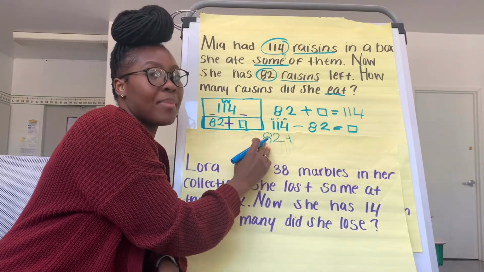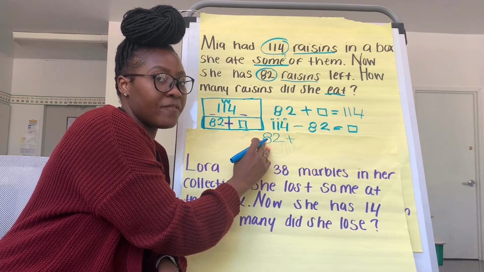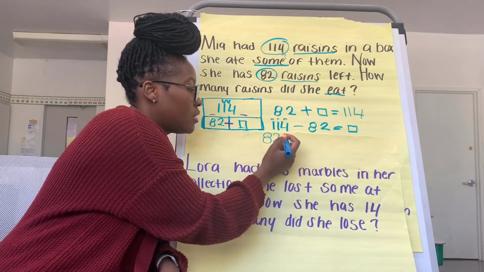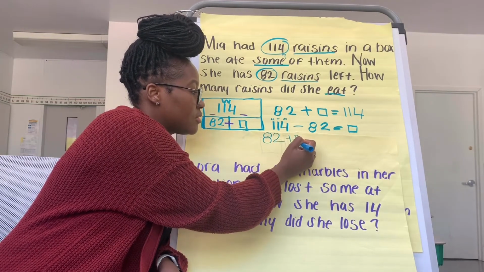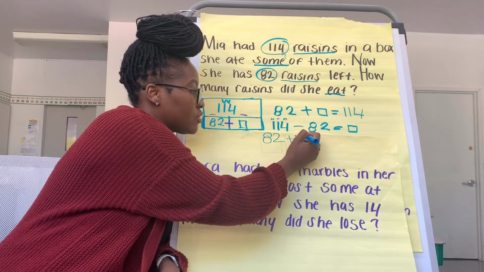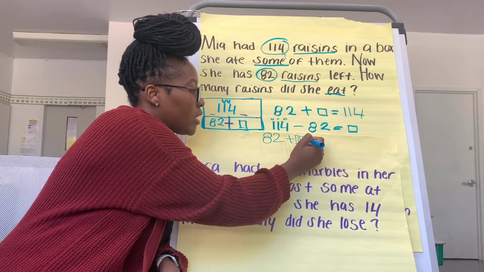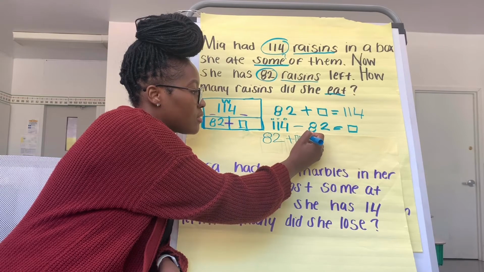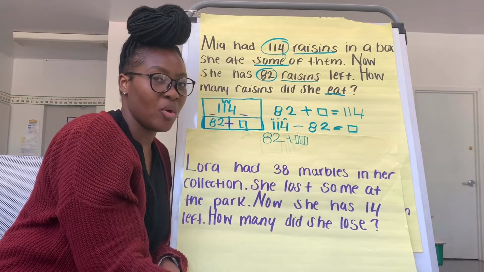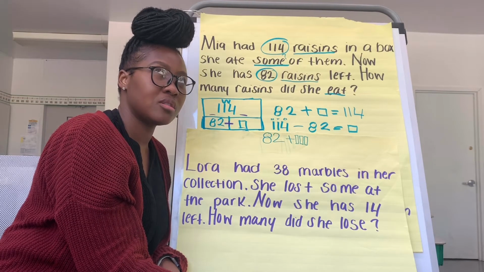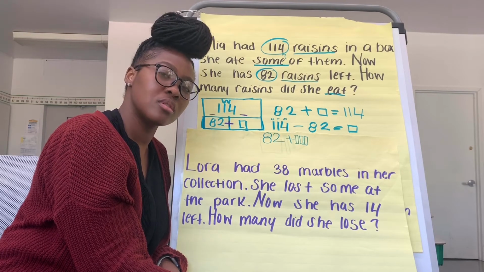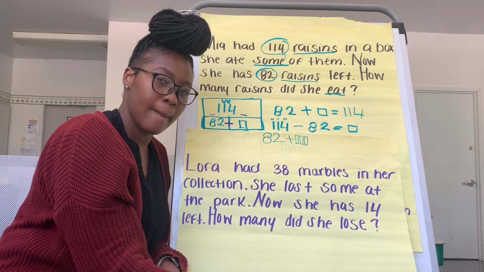So I'm gonna count up by tens because it's more efficient. 82, 92, 102, 112. Should I keep going? 112, 122, 132. No?